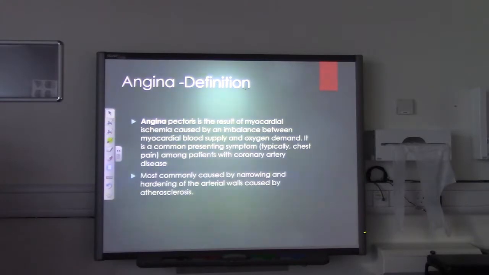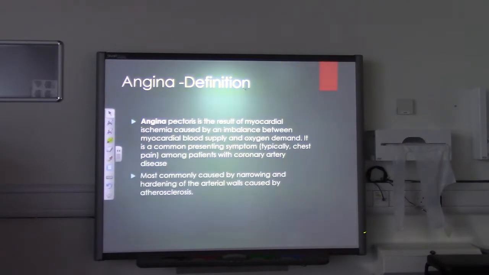Most commonly caused by narrowing and hardening of the arterial walls, caused by atherosclerosis. However, there are some other causes which we will discuss, which include spasm of the normal coronary arteries, and arteritis can also cause this angina type pain.